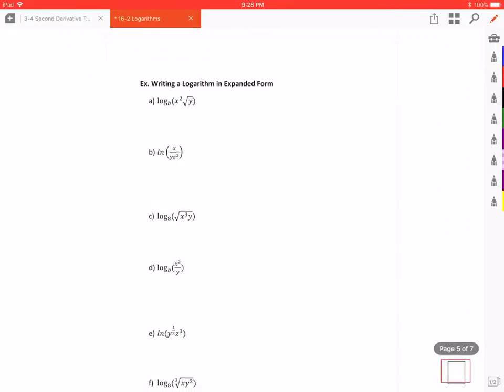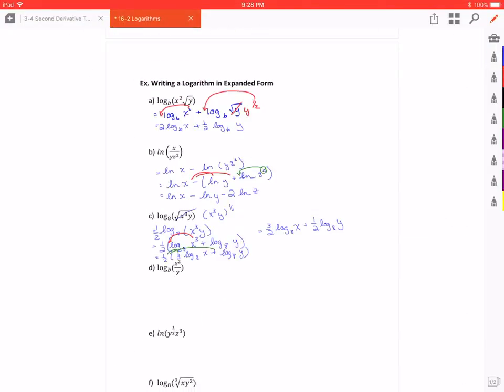Okay, here's a way to check on these. If you've got one that started in a product, then it's just a single level. That means that both of your terms in the end will be positive. Like on B there, where we have 1 up top and 2 in the denominator, notice that in my answer, the x, which was up top, is positive, the y is negative, and the z is negative.